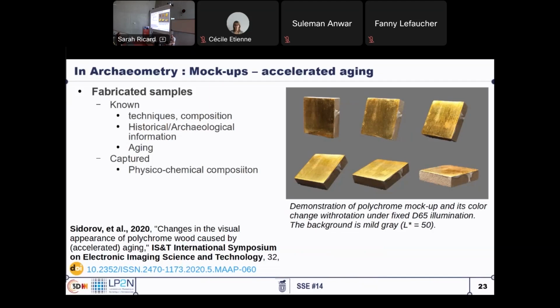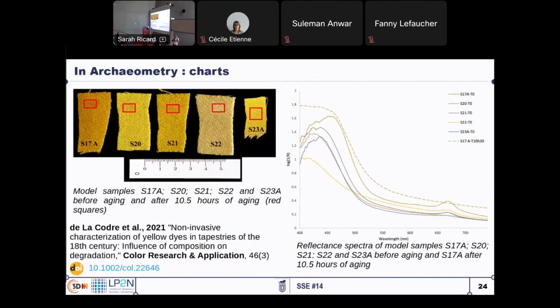And so mockups, I've seen the name charts for about the same idea. So this was the work in archaeology in Bordeaux, Hortense de la Corde, for tapestry, in which they try to work out what the appearance was.